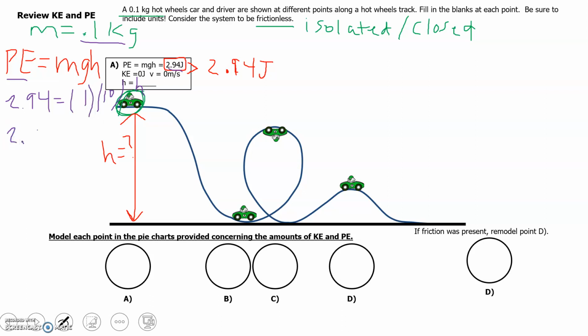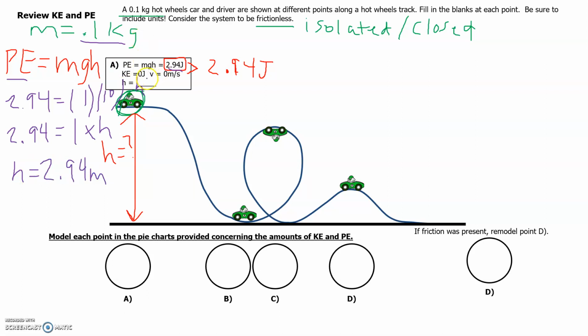So 2.94 equals 0.1 times 10. 1 times 10 is going to be 1, and then times height. All right, so essentially your height has to be 2.94. So your height is 2.94 meters.